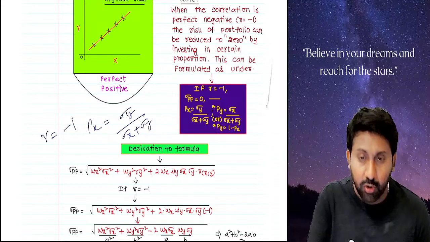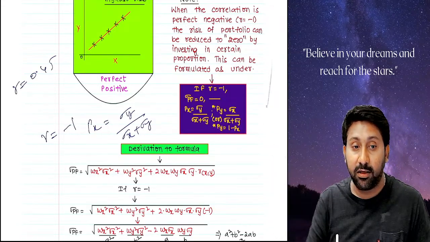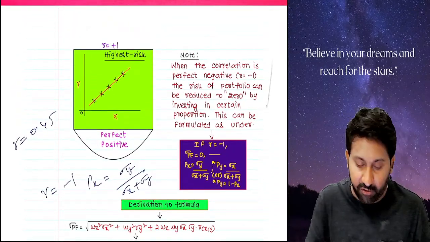No sir, he asked with r equal to 0.45. Then he asked the question that risk should be reduced. Zero level we cannot reach, but we can reduce. Using what formula?